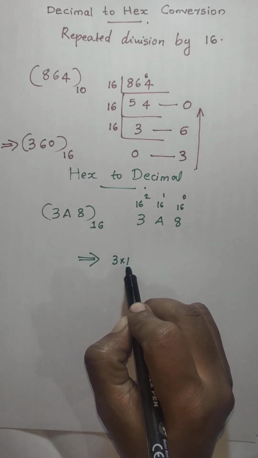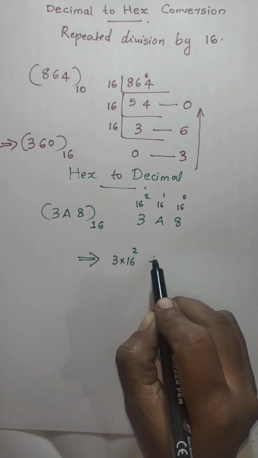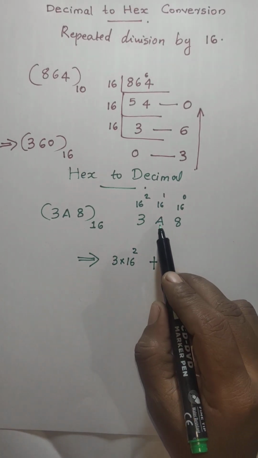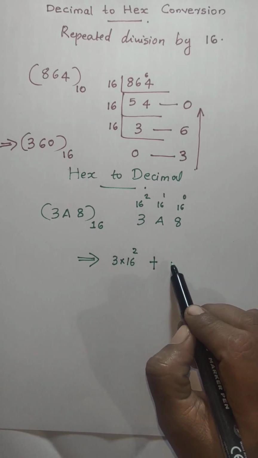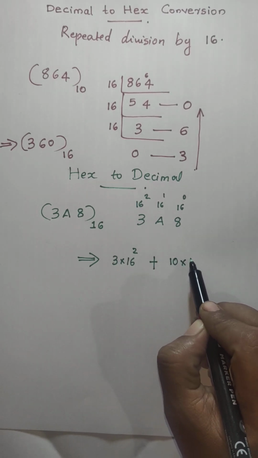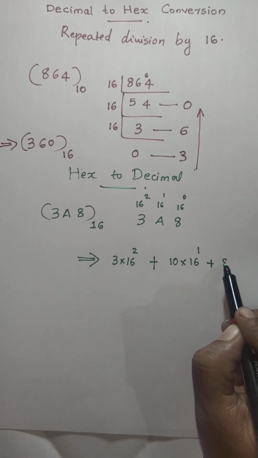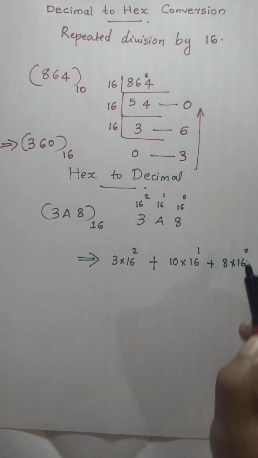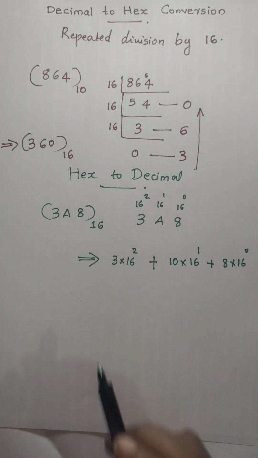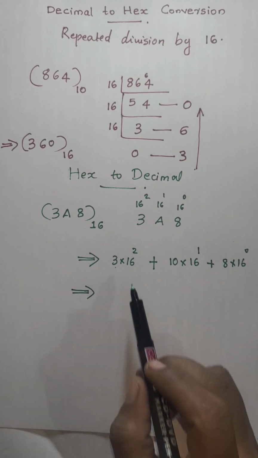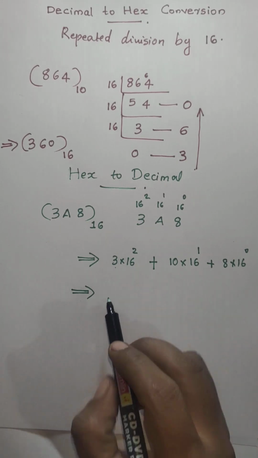So 3 into 16 raised to 2, plus the same procedure: A, what is the number of A? Yes, 10. 10 into 16 raised to 1, plus 8 into 16 raised to 0. Then 3 into 16 squared, which is equal to 256.